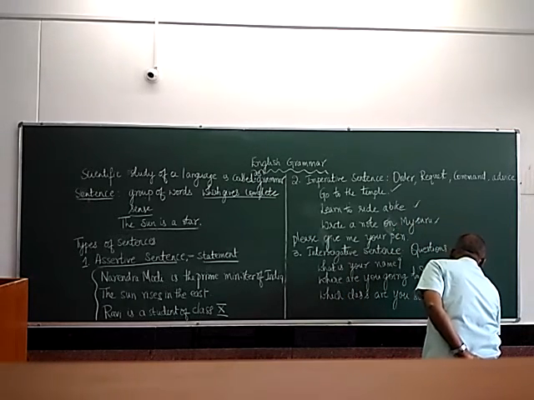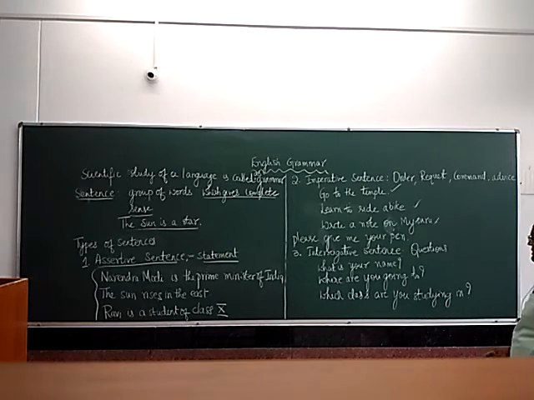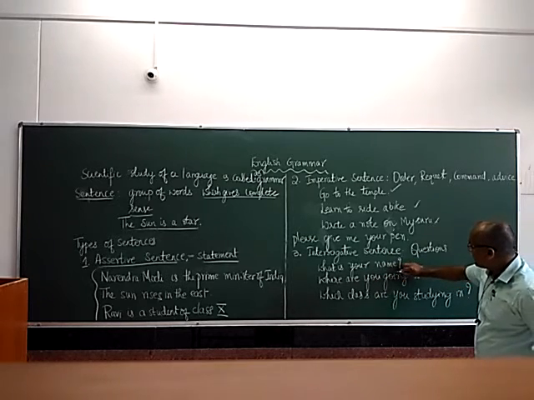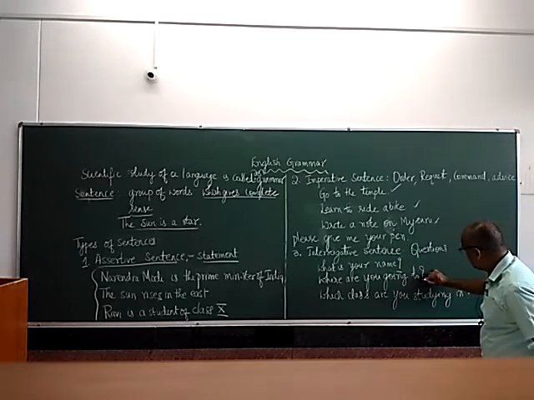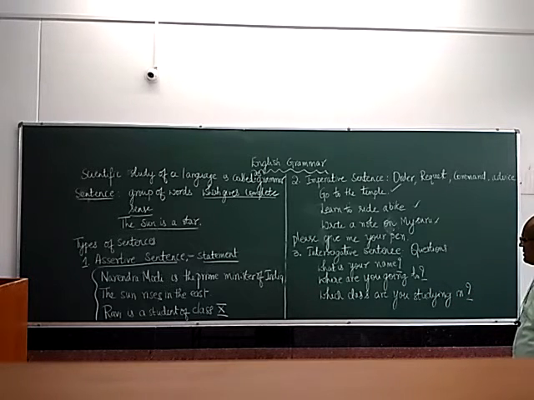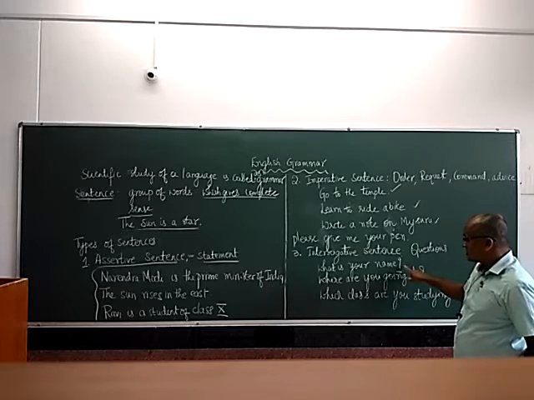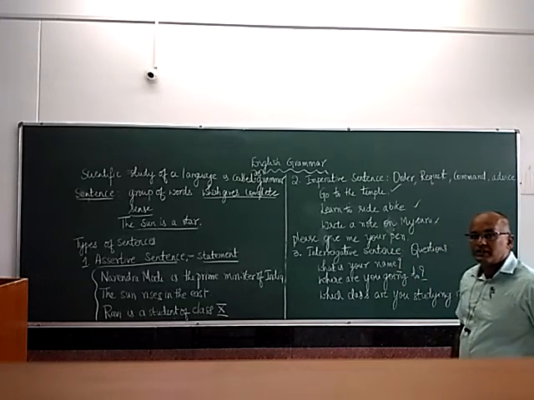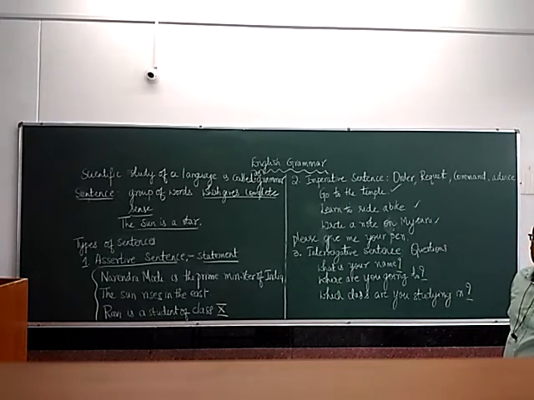See all these sentences? At the end of these sentences you have a mark, that is the question mark. These are all question marks. If you don't mention the question mark at the end of these sentences, definitely you cannot consider them as interrogative sentences.